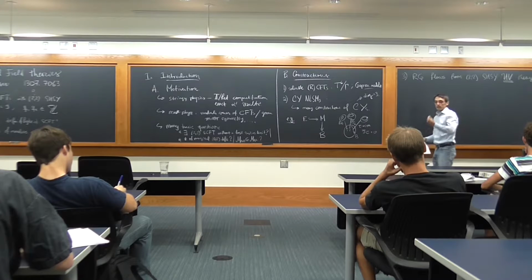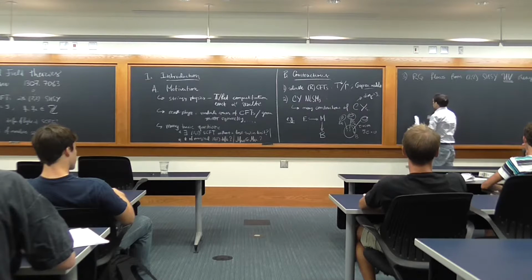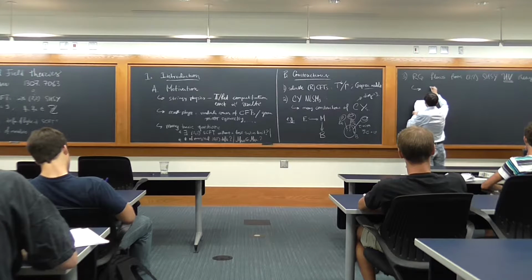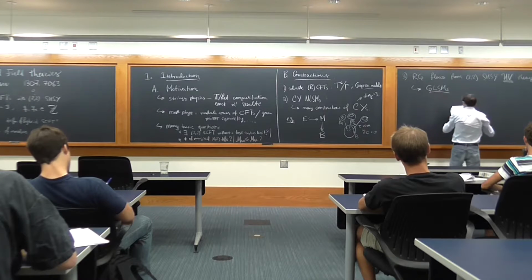And if we're lucky, if we've arranged things judiciously, then in the infrared we will find an interesting, non-trivial 2-2 CFT. So the most famous example of this, and the most general example of this that we know of, is the gauge linear sigma model construction.